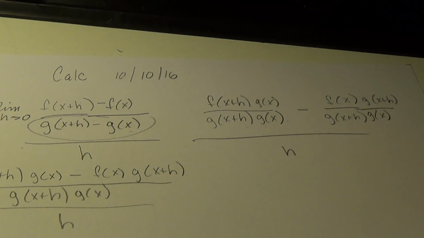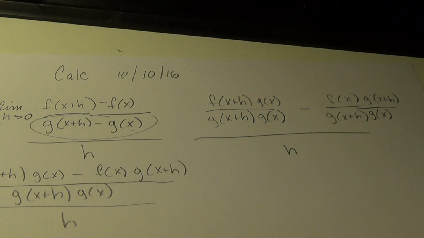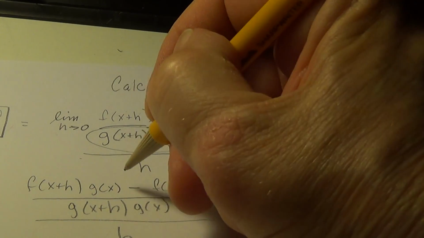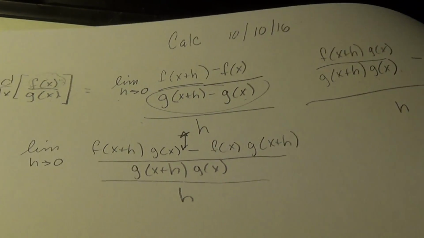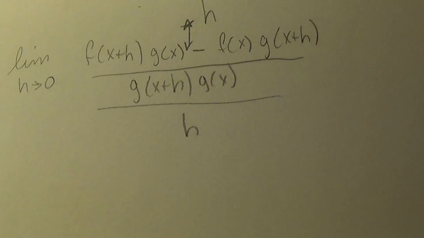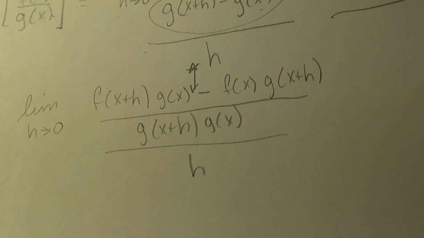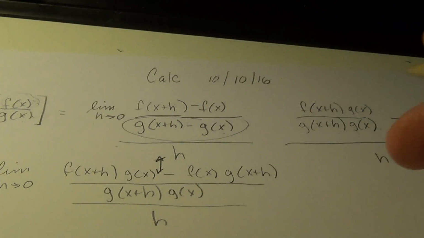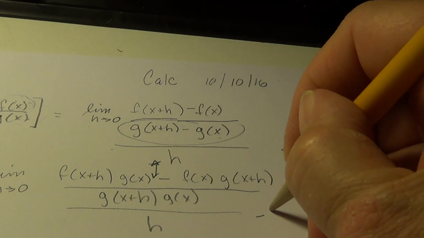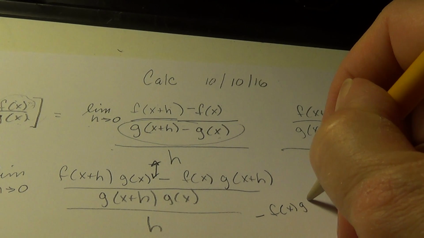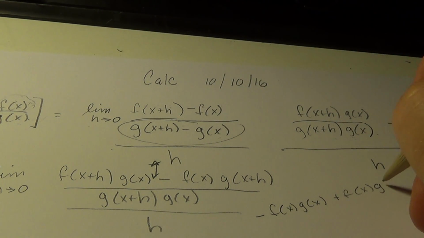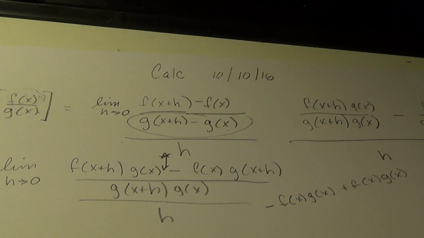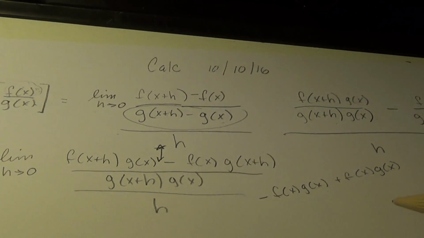Alright, so now I'm going to come in right in here and do a similar thing. I'm going to take an expression and put it in right where the star is. And the expression is going to be minus f of x g of x plus f of x g of x. That won't change the expression because that equals 0.